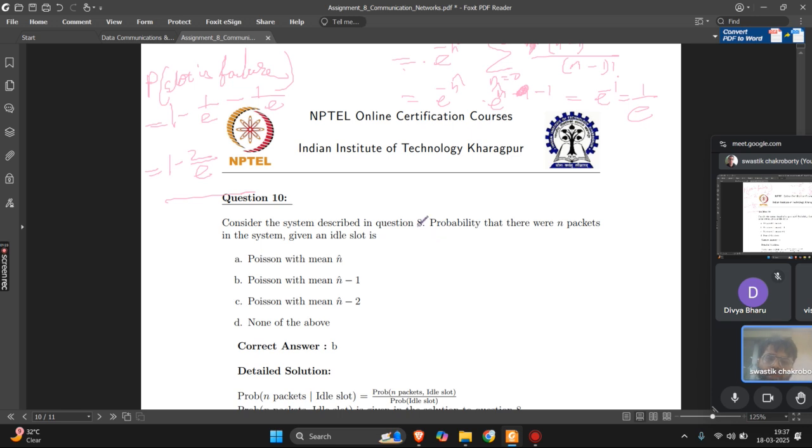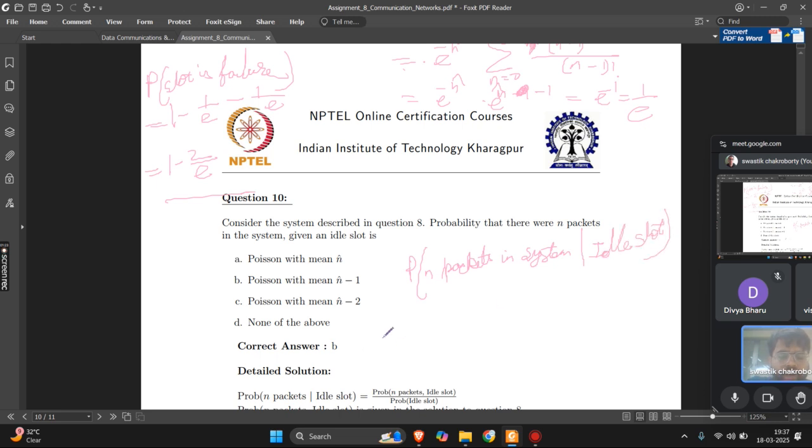Now, again we go back to the same system and we ask: there were n packets in the system given an idle slot. So here we have to find the probability of n packets in the system given an idle slot.